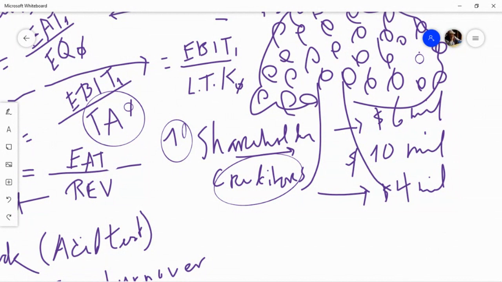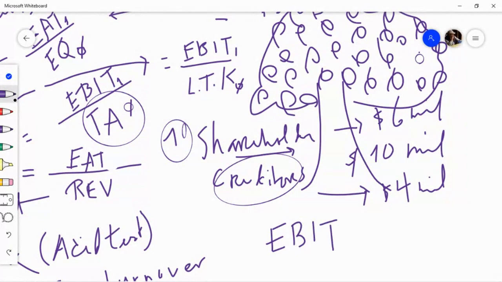They won't default as long as their EBIT is greater than the interest payment, right? But if it is the other way around, it will default, of course.